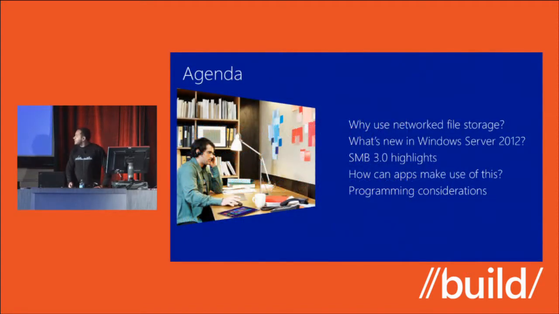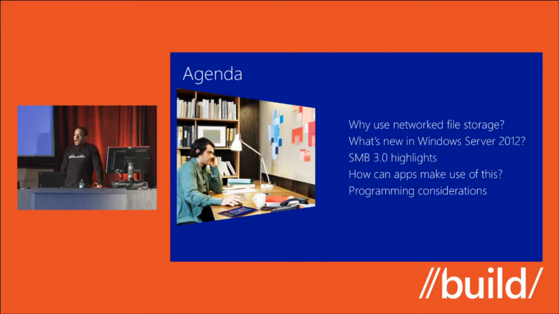All right, let's get going. So this would be the rough outline of the talk. I'm going to talk a little bit about motivation for using shared file storage or NAS, and then look at the overall storage related features on Windows Server 2012. And for those of you who haven't heard much about the SMB3 protocol, I'll talk briefly about the SMB3 protocol and how it helps your applications take advantage of high-speed networks and fault tolerance and things like that.